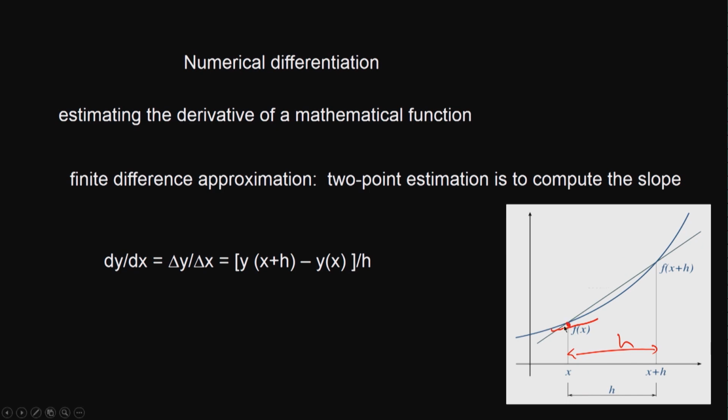So smaller the h, more accurate is your answer. Larger the h, as you can see in this figure, you are not reaching the correct answer. So delta y by delta x becomes dy by dx only when h becomes smaller and smaller and smaller, tending to 0.